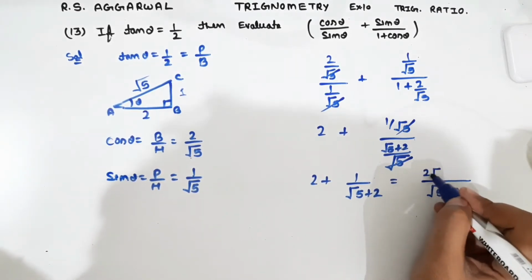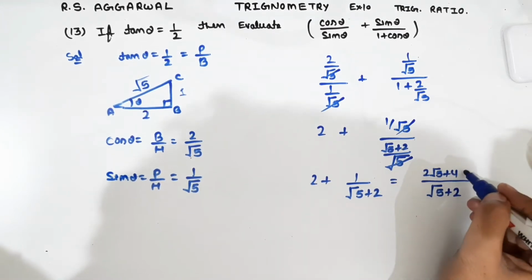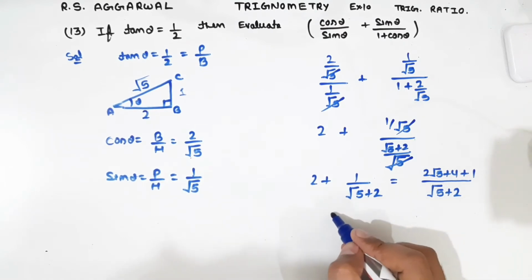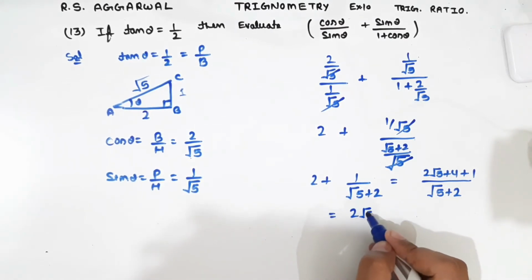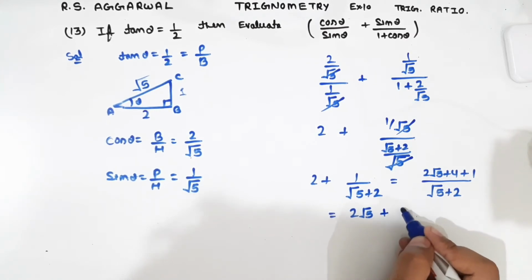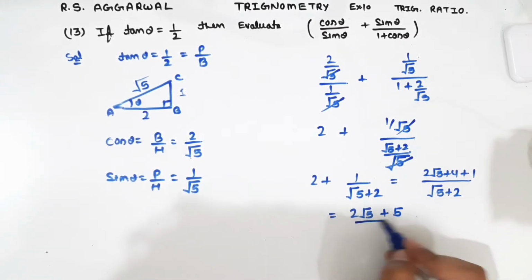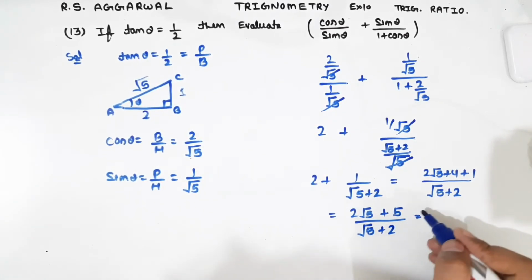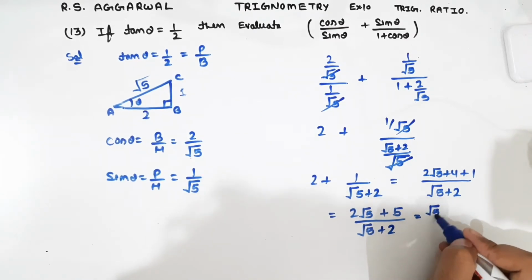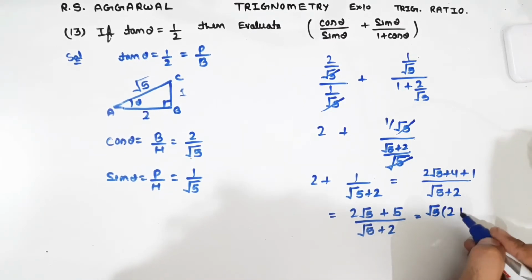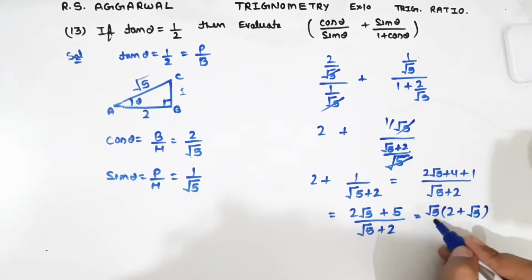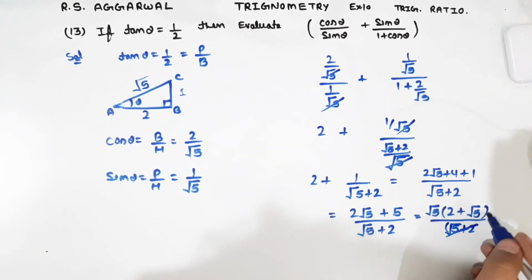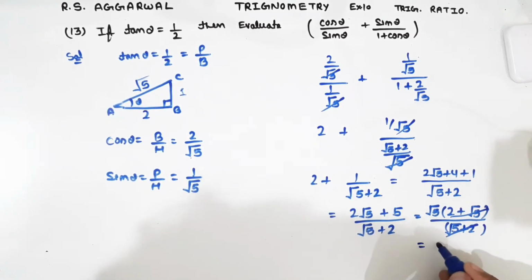So 2 root 5 plus 4 plus 1. So this will be 2 root 5 plus 5 upon root 5 plus 2. From numerator, root 5 is common, so that will be equals to 2 plus root 5, and here root 5 plus 2. Root 5 plus 2 will be cancelled out, so answer will be root 5.